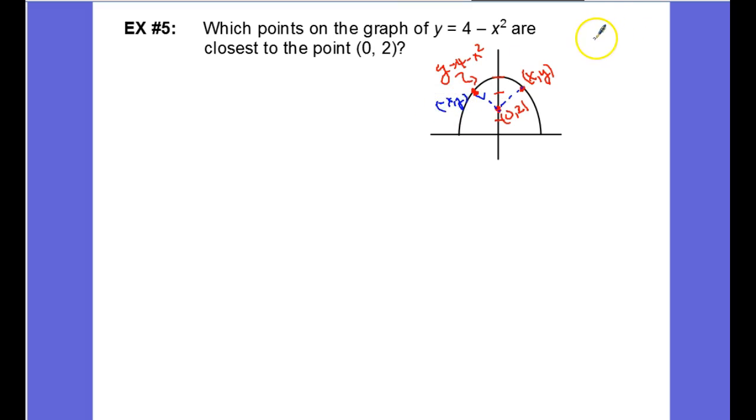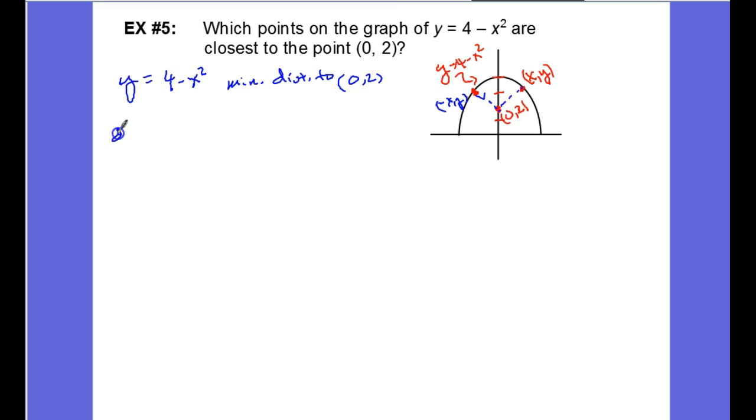All right, so we're minimizing the distance between these two. My equation is y equals 4 minus x squared. We want to minimize the distance to (0, 2).